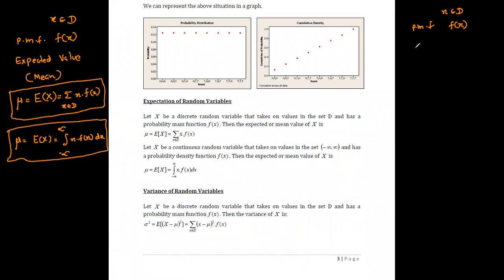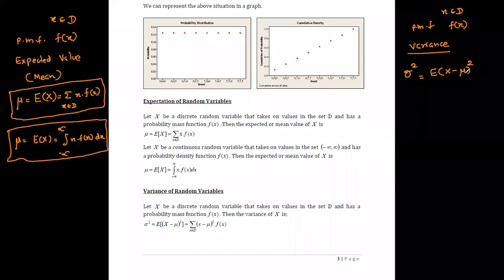If you are asked to obtain the variance, variance is said to be the second moment around the mean for a random variable. Generally, we denote this as sigma squared, and sigma squared can be obtained as the expected value of (x minus mu) to the power 2.